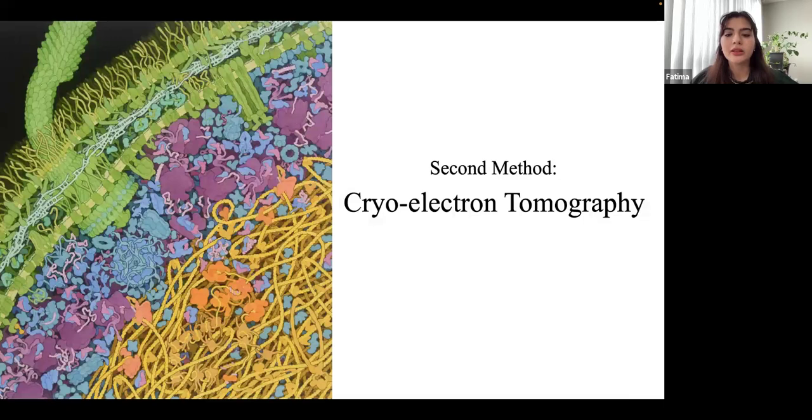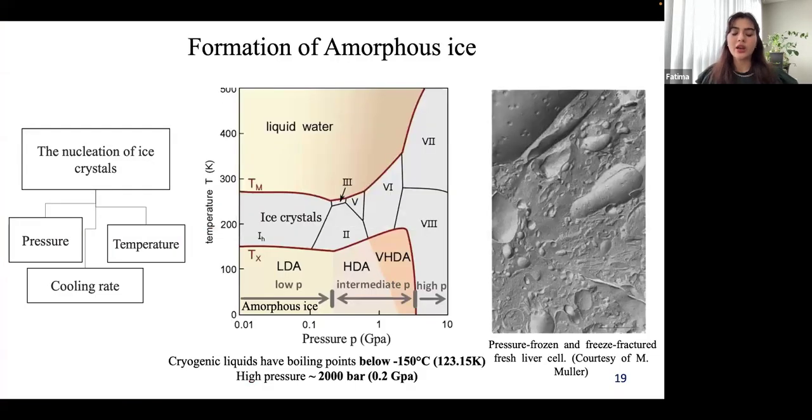So let's talk about the second method, which is cryo-electron tomography. In this method, we are also interested in what's happening in the cell, but in its own environment. Because the cell is a very gigantic object, we cannot just use low temperature.